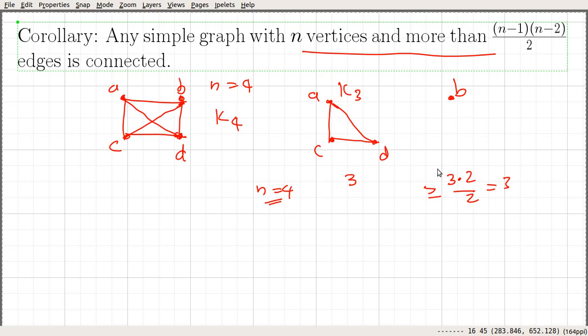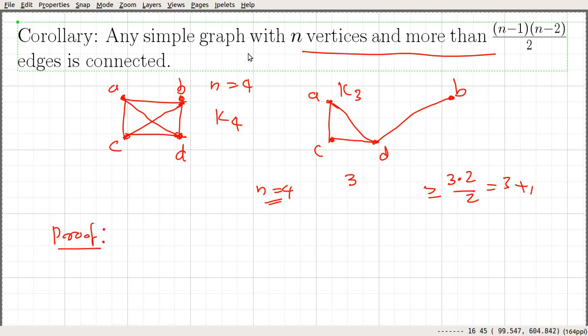Suppose we add one more edge. Since the graph is simple, you are not allowed to have parallel edges or loops, so that edge must go from any of these vertices to this B. That's what this statement says. Once you understand this, the proof is very simple.